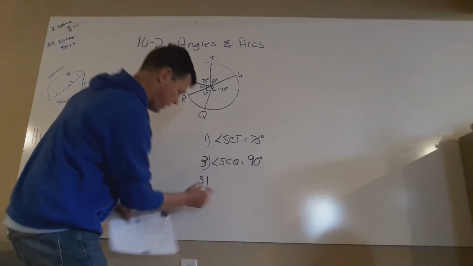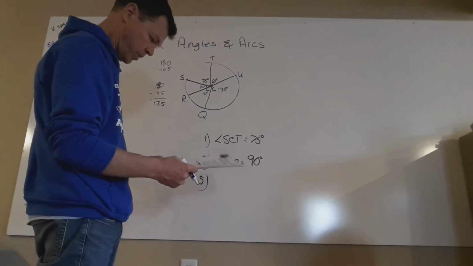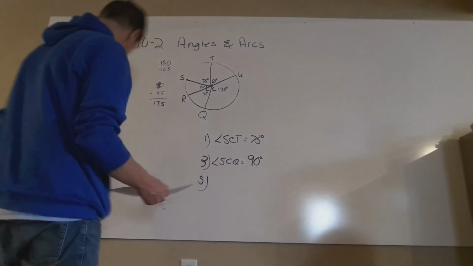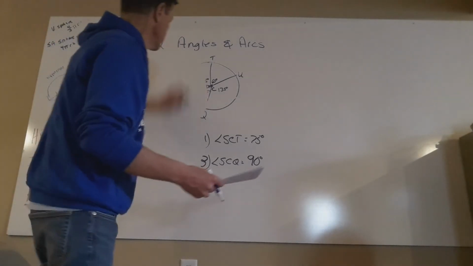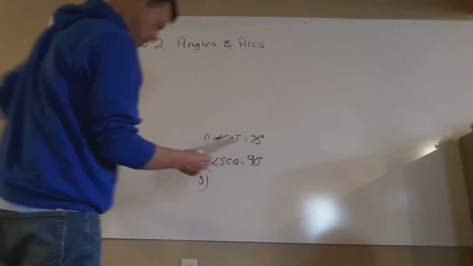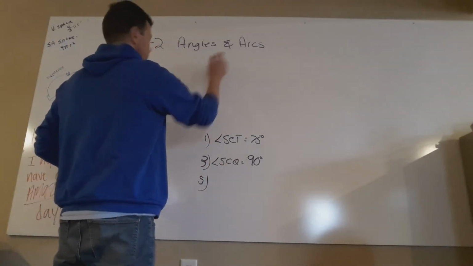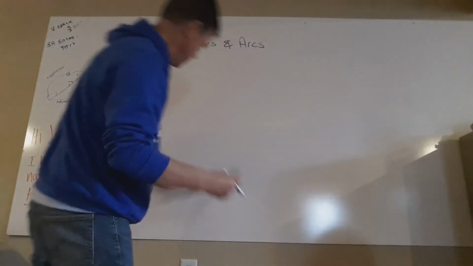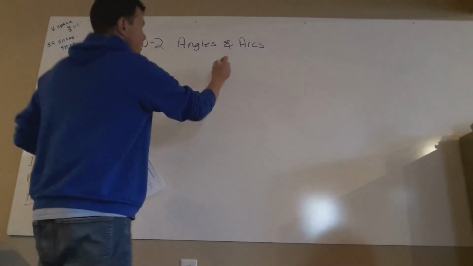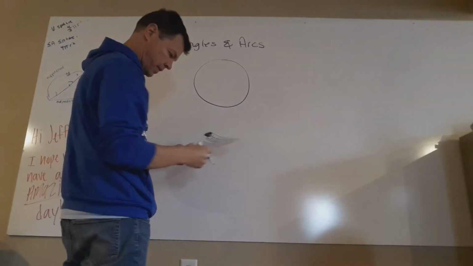Looking at number 5. Measure of arc BA. That's a completely different circle, so I will put that up here. All right. Here we are, starting with 5.